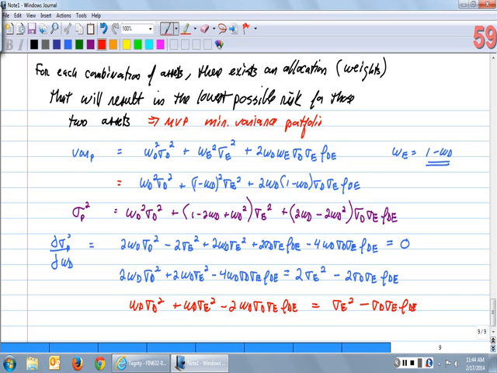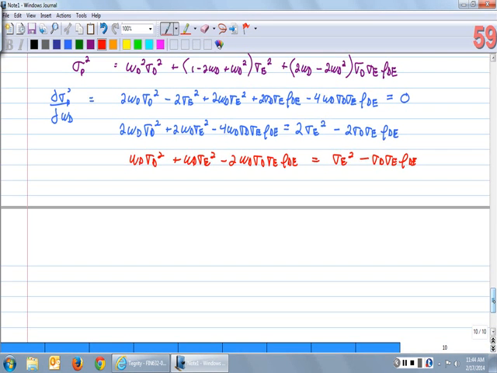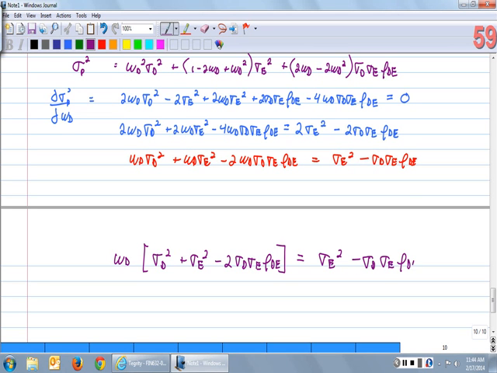Almost finished with this. I'm going to factor out WD on the left hand side and solve for WD.